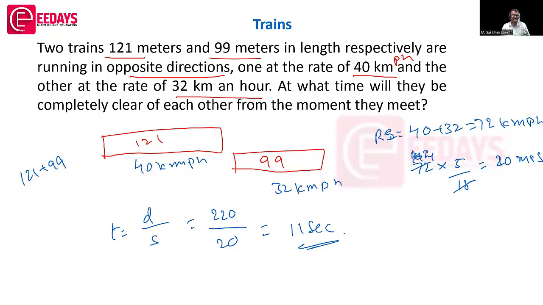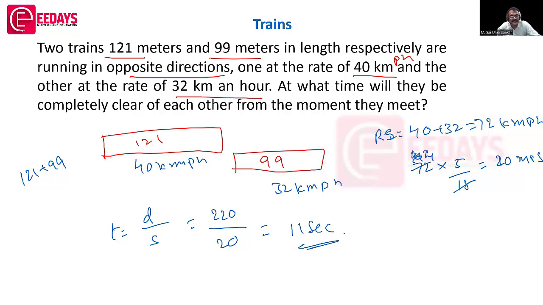Here two trains are both moving in the opposite direction. So what is the total length? 121 plus 99, that is equal to 220 meters. If both are moving in the opposite direction, then what is the relative speed? Sum of their speeds. One is 40 and the other is 32. The total speed is 72 kilometers per hour.